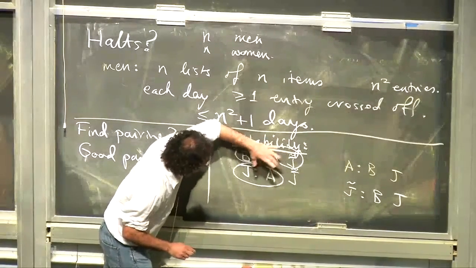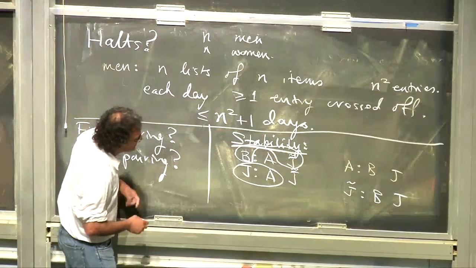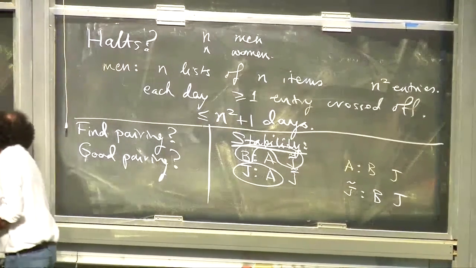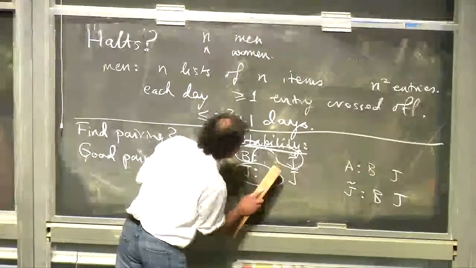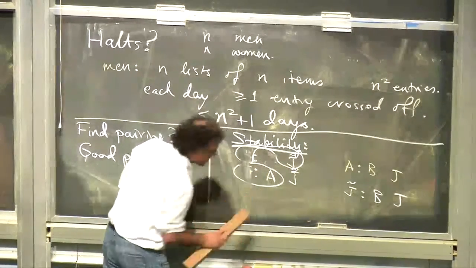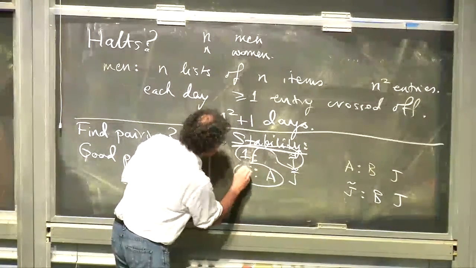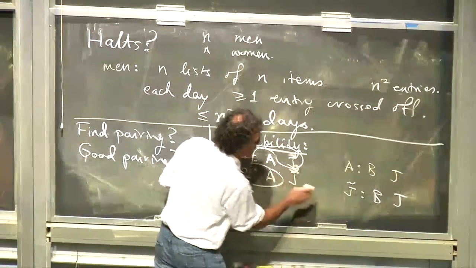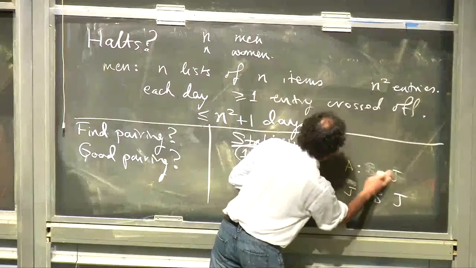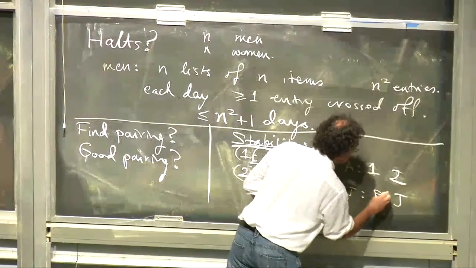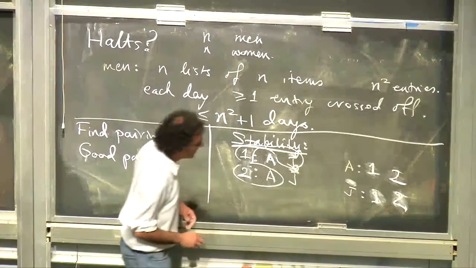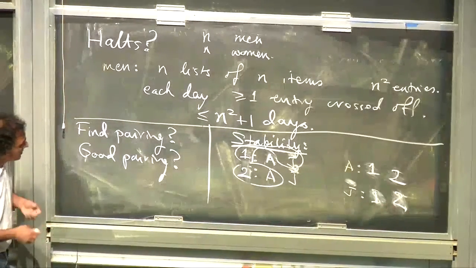So B with J, and let me just call them 1 and 2. It's a little easier. So there's 1 and 2. So you have this kind of matching.